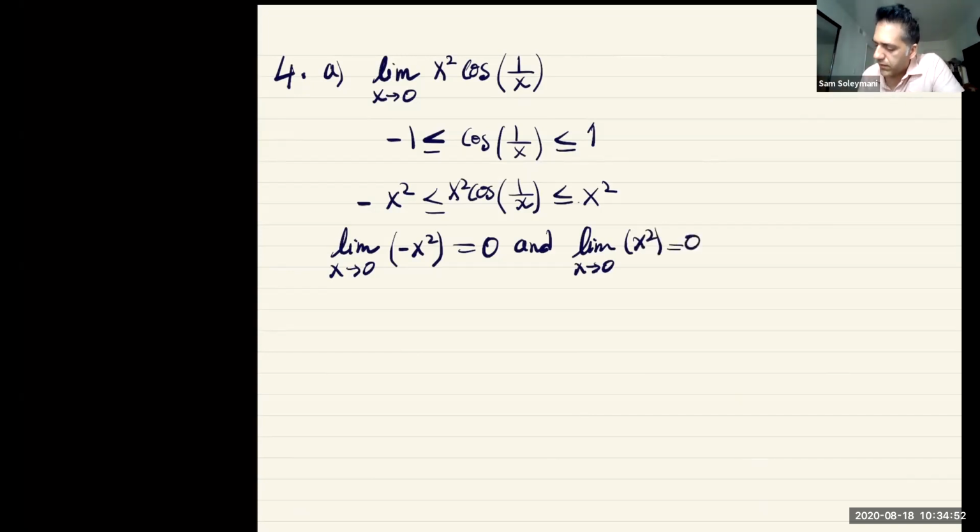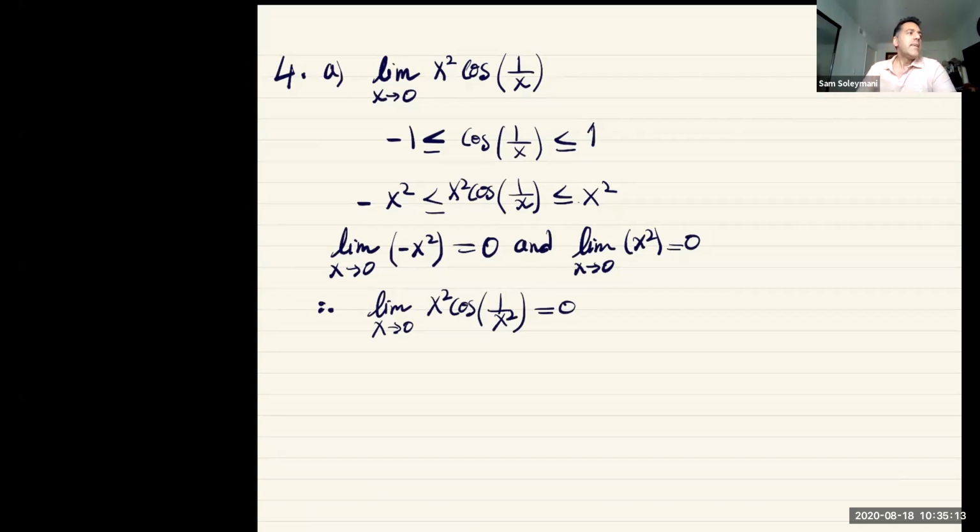By the squeeze theorem, the limit of the sandwiched function has to also equal 0, correct? It has to be 0 also. That's how you nail those problems.